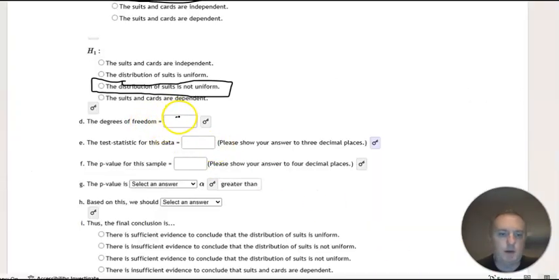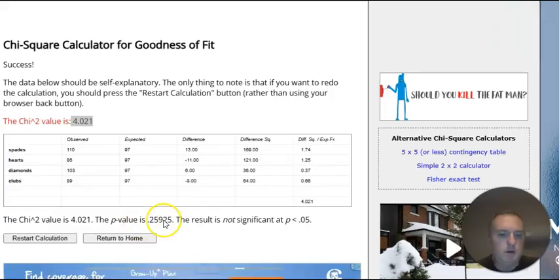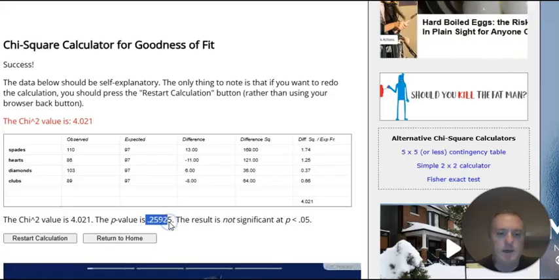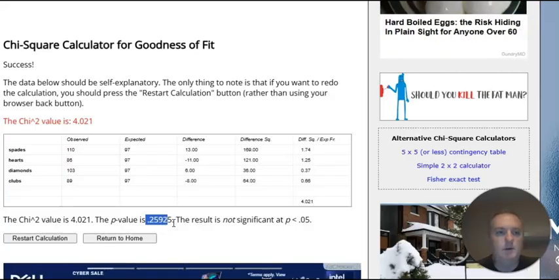Oops, we want degrees of freedom first. That's always 1 less than the number of categories, so that's 3. 4.021. Now we need the p-value. So here's our p-value, 0.25925, so I'll take that back over.